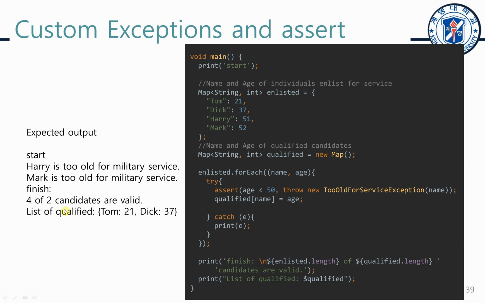One thing here: if the age is greater than 50, we throw the TooOldForService exception with the name. So what happens here? It will go to the TooOldForService exception, and whatever is in the toString will be stored here.